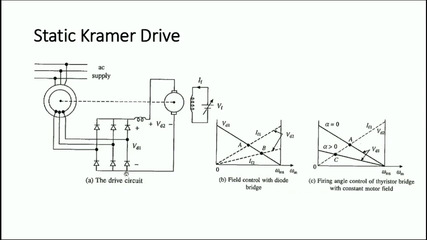Here we have the rectifier. It will produce a DC voltage, and this DC voltage feeds the armature. For reducing the ripples in the armature current, we are using the inductor. That's all.